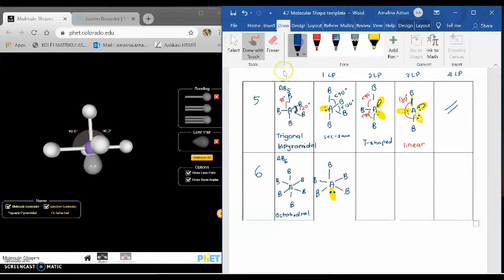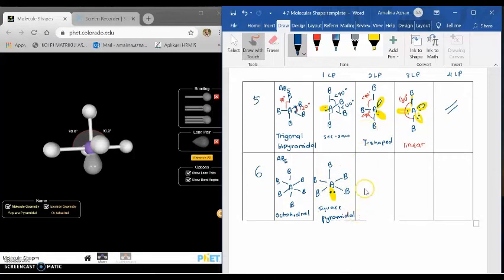Okay, so the geometry here will be square pyramidal. Okay, why square? Because the base here is square.